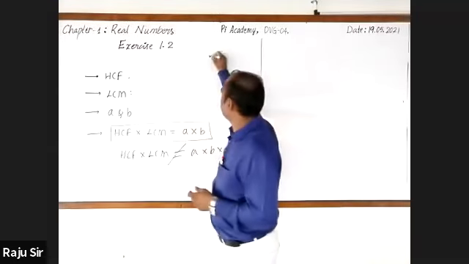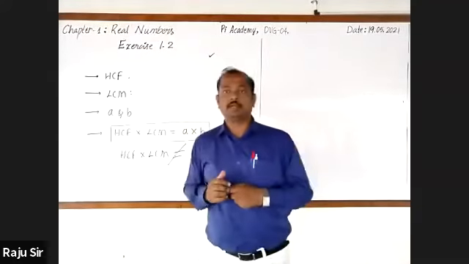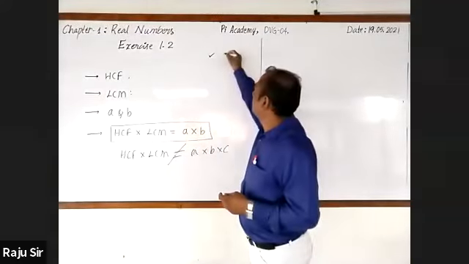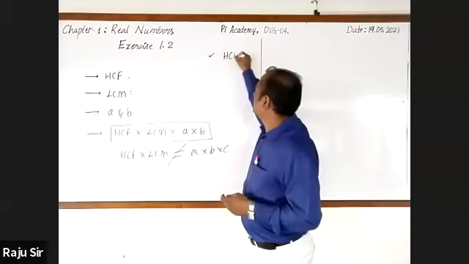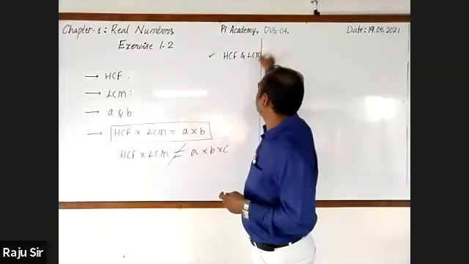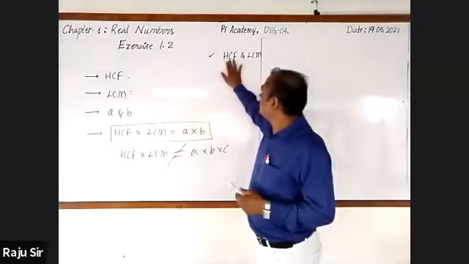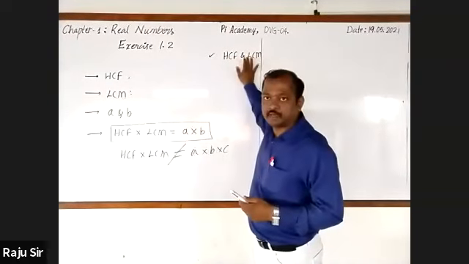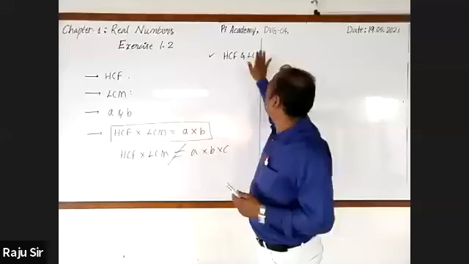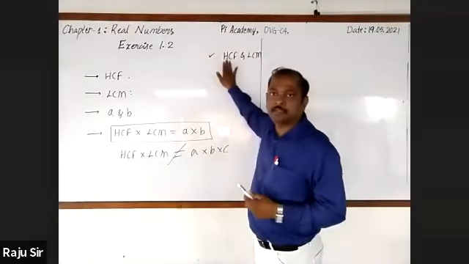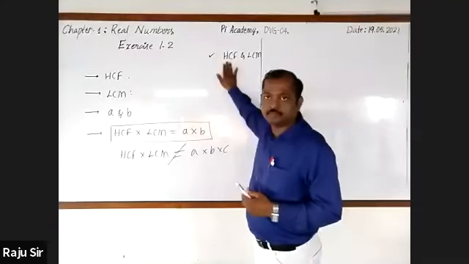We have also come across some more important points. There is a relationship between HCF and LCM. HCF is always a factor of LCM, and LCM is always a multiple of HCF.